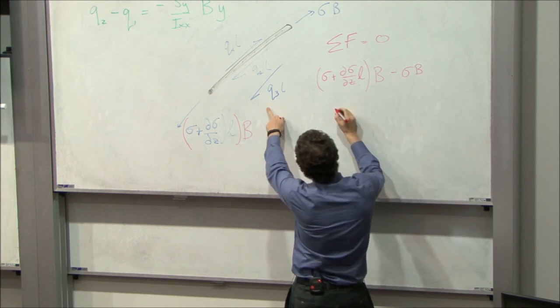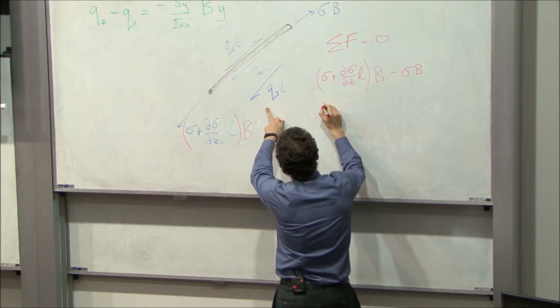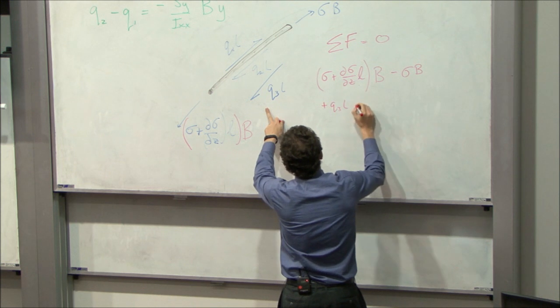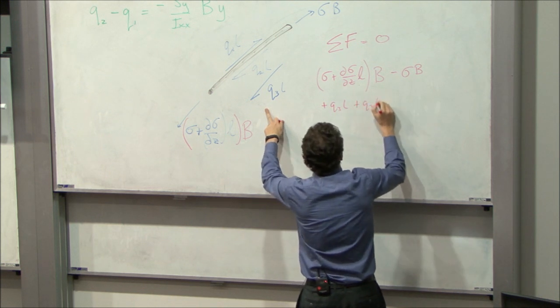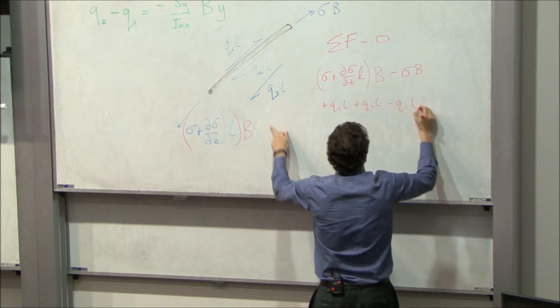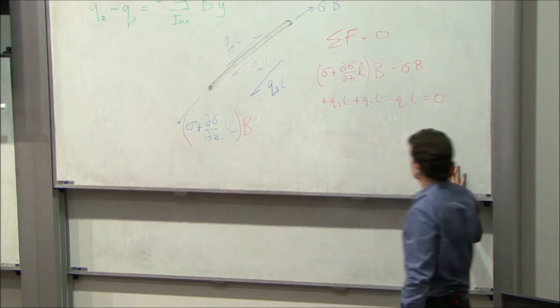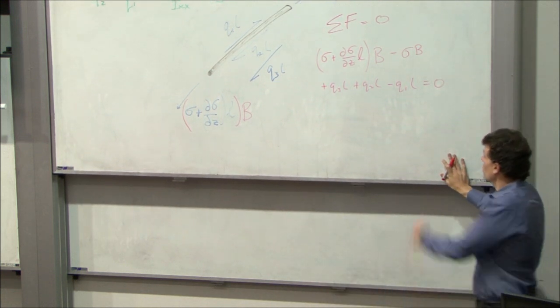Now, we've got a plus Q3L plus Q2L minus Q1L equals 0. Okay, and we can rearrange that.